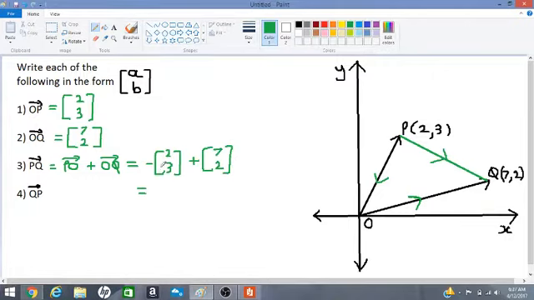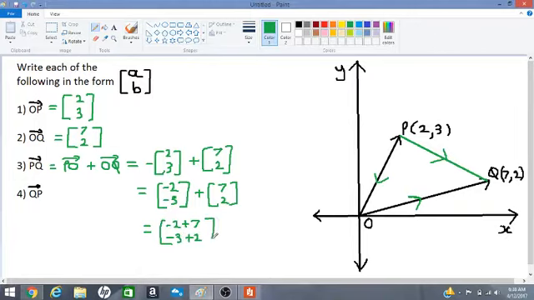So scalar multiplication here, and a negative times a positive is a negative. So we have negative 2, and negative 3. Now we add positive 7, positive 2. Add the numbers on top. So you have negative 2 plus 7, and underneath you have negative 3 plus 2.